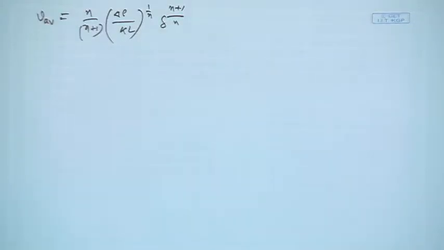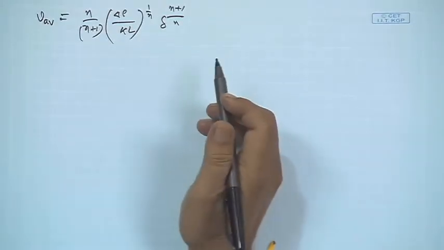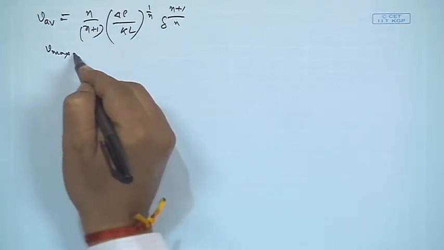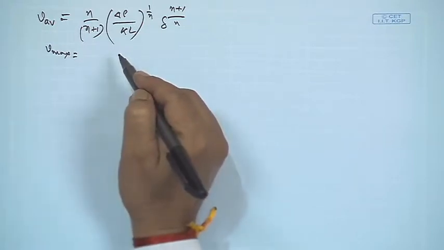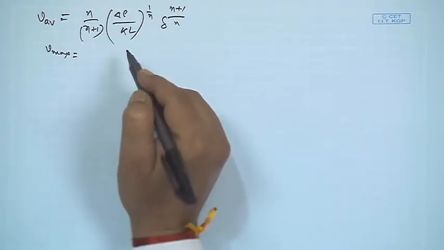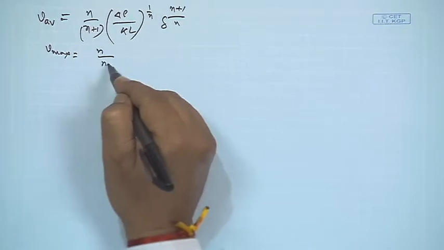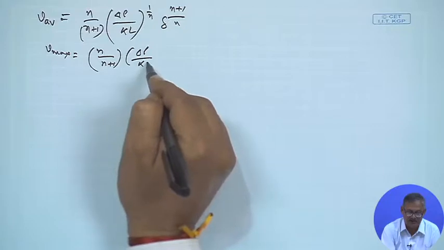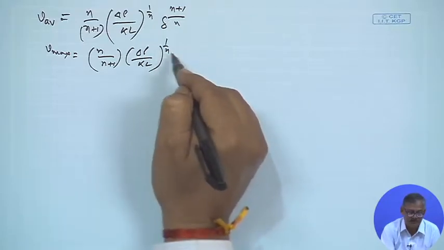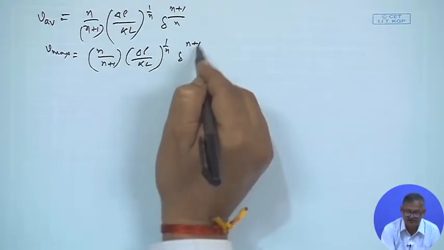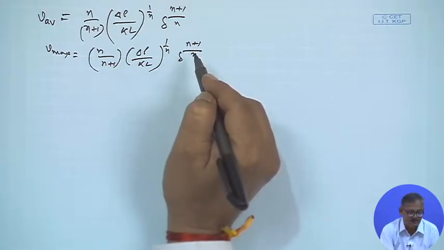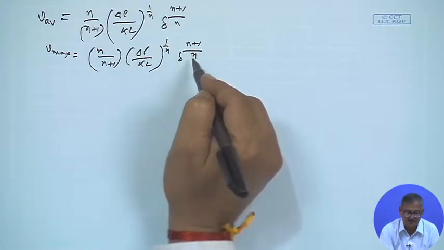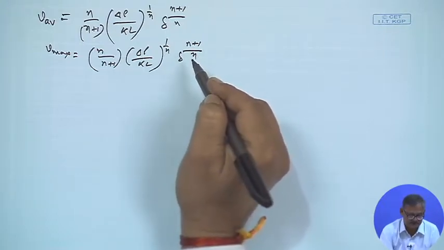This was V average, right. And V max we had like this: n by (n plus 1) into (delta p by KL) to the power 1 by n, del to the power (n plus 1) by n, right. So this was for V max and this was for V average.